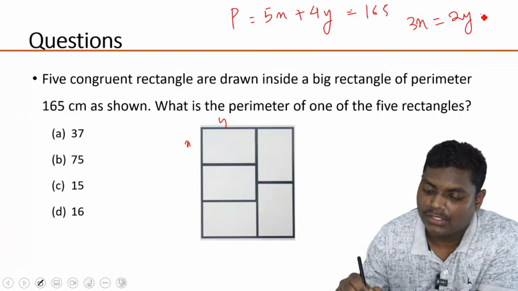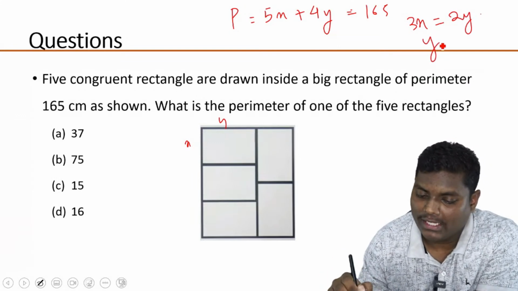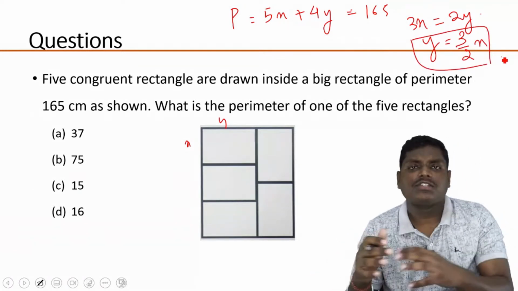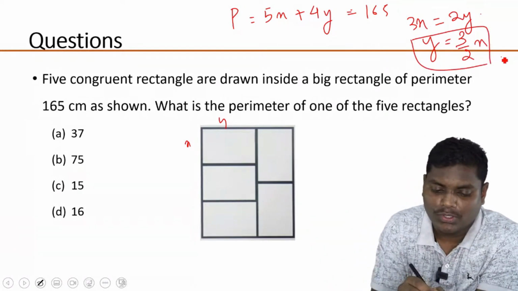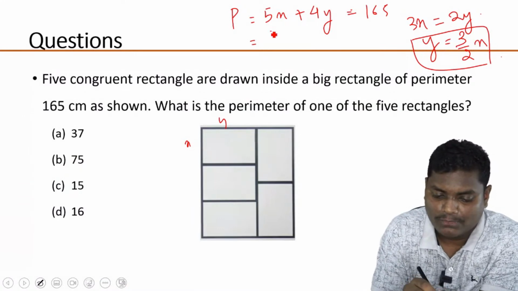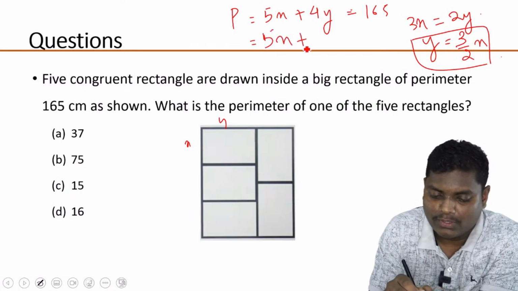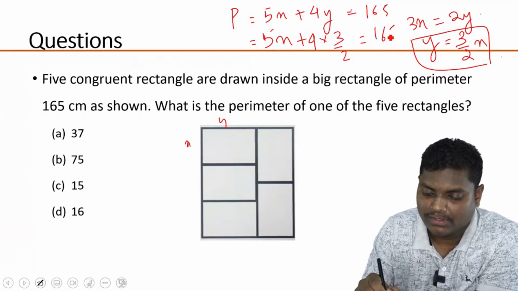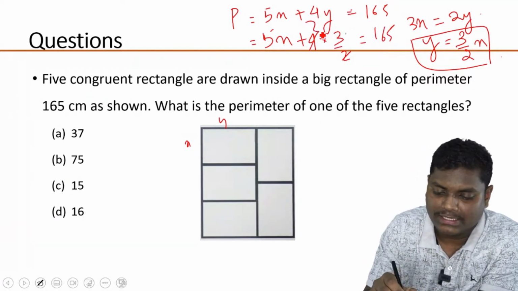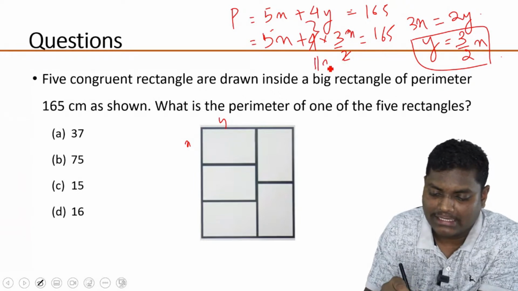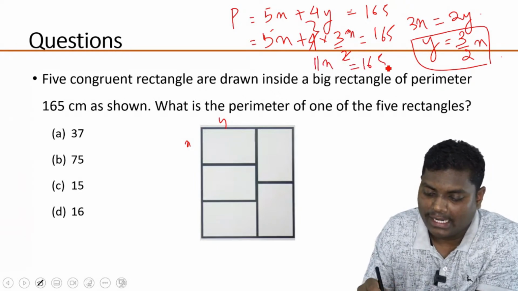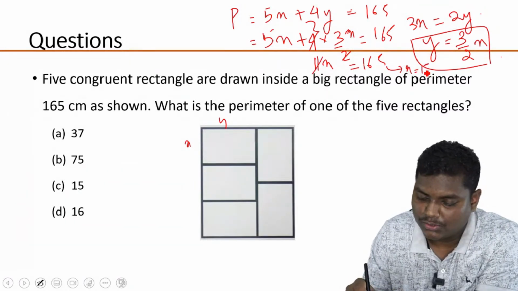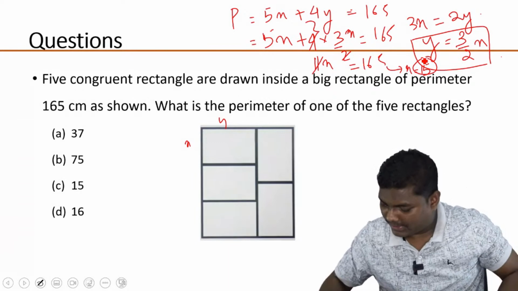So we can substitute y is equal to 3 upon 2 x. So 5x plus 4 times 3 by 2 x is equal to 165. The 2s cancel, so basically this is 11x is equal to 165, and you solve it, the value of x will come to be 15.